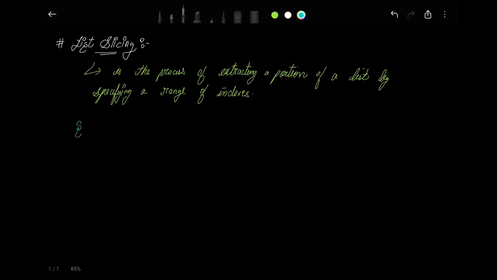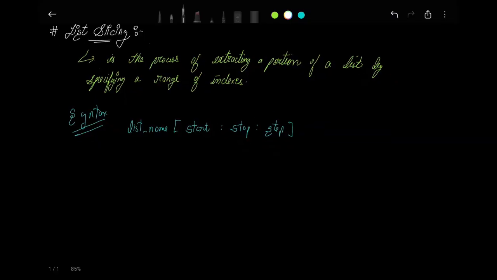Now we will quickly look at the syntax of list slicing. Firstly, we will write the list name. Then in the square brackets we have our start, stop, and step. Start is the index where the slicing begins.